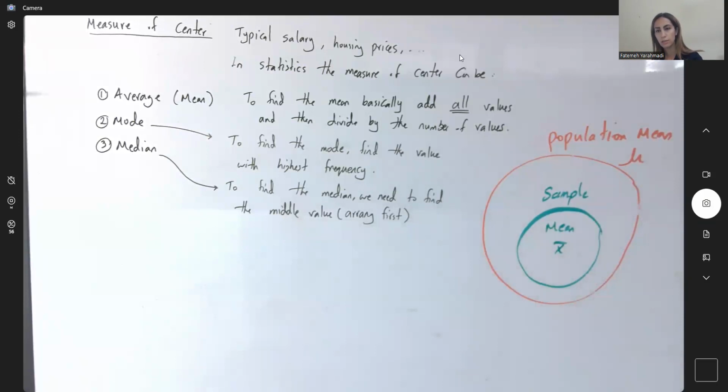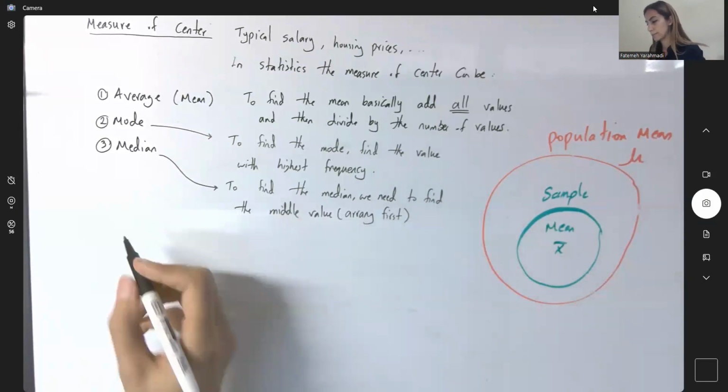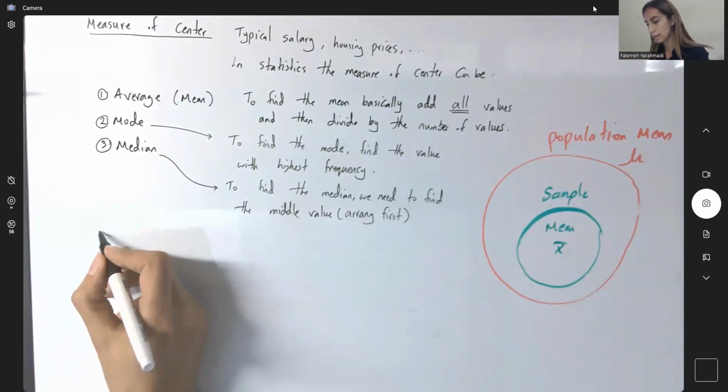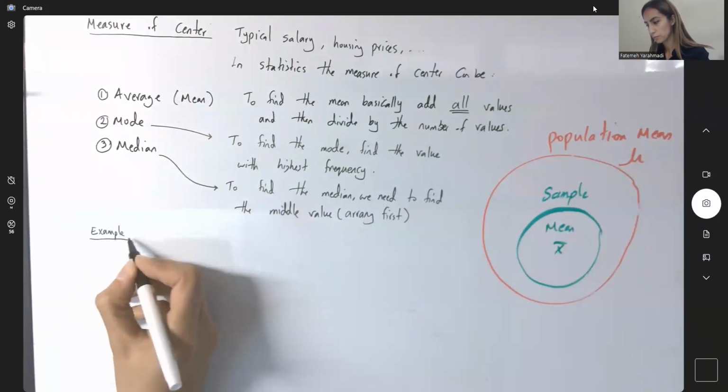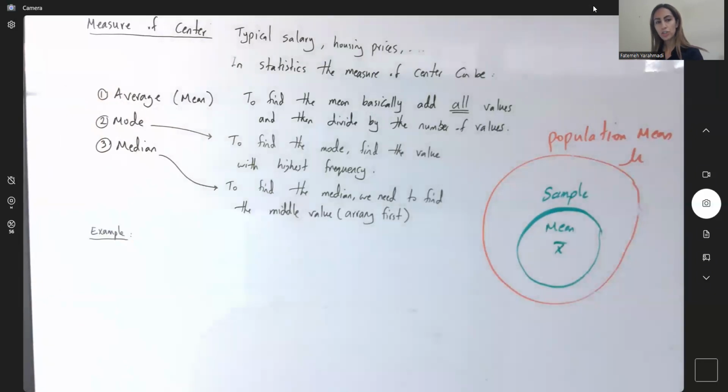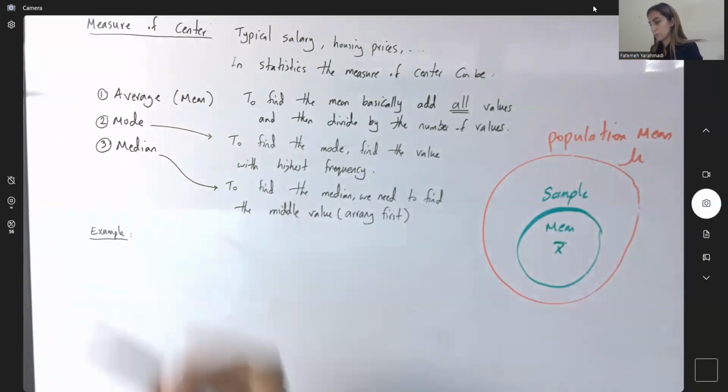Very good. So we're going to go over an example together, and we're going to use information from our class. In this example, I want to find the measure of center for the commute time of students in this class.